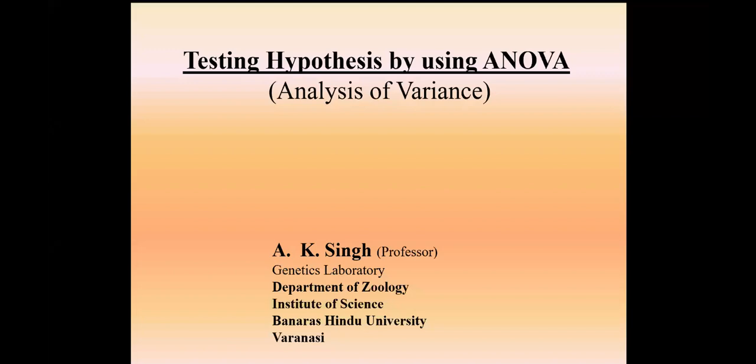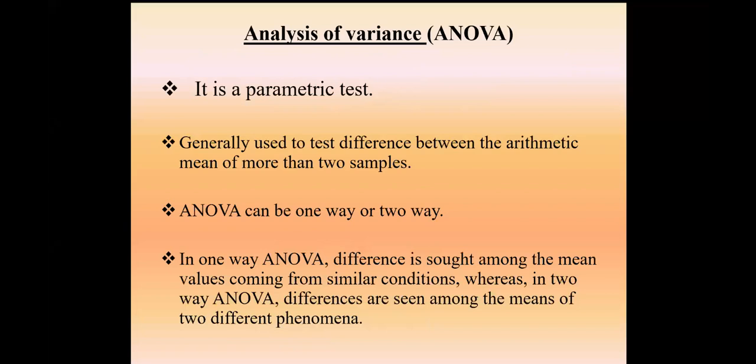Next slide. Okay. See, what is analysis of variance? It is a parametric test. Let us understand what this parametric test means. See, the test could be of two types, parametric and non-parametric.